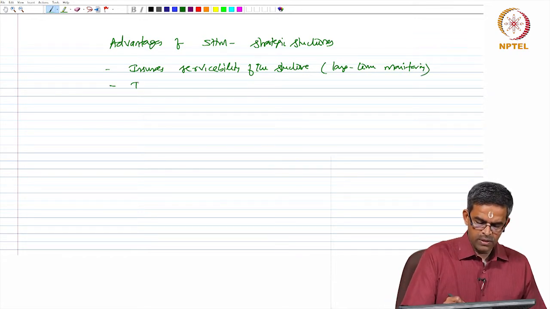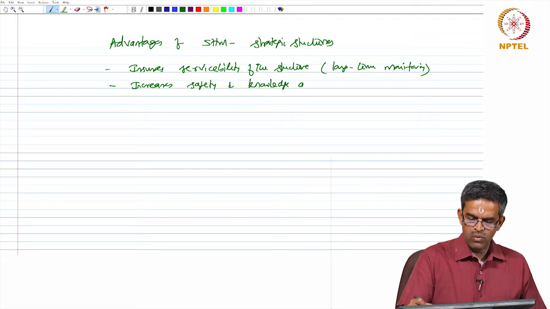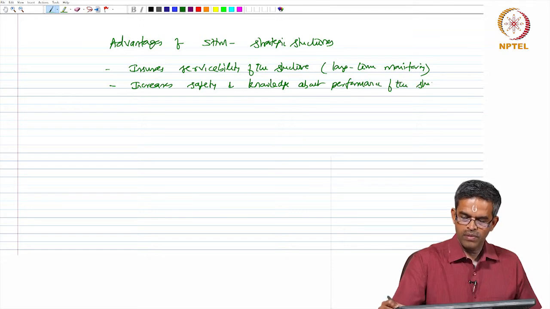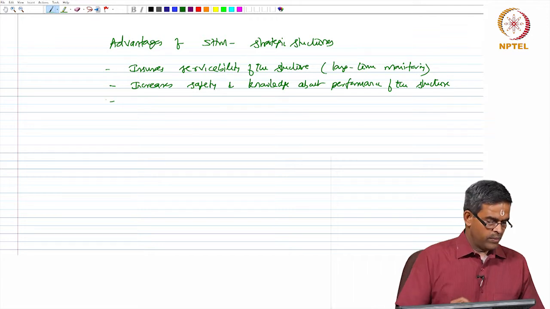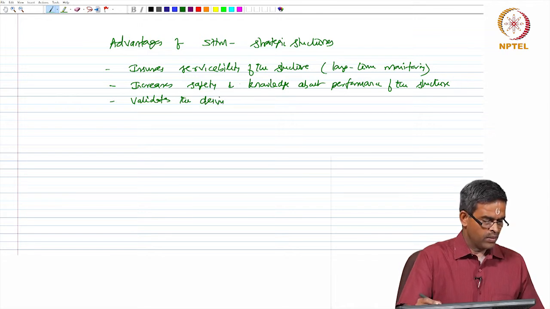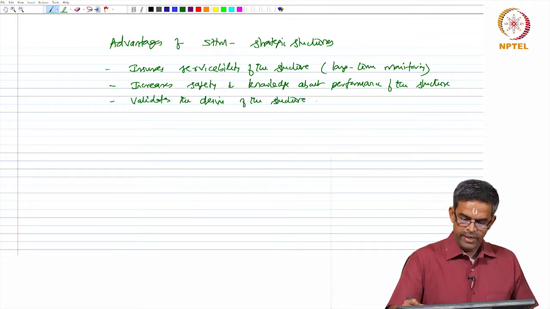It increases safety and knowledge about the performance of the structure. It validates the design of the structure and its performance.